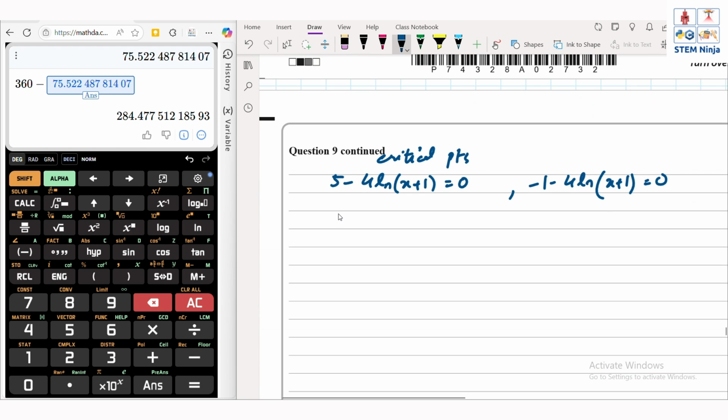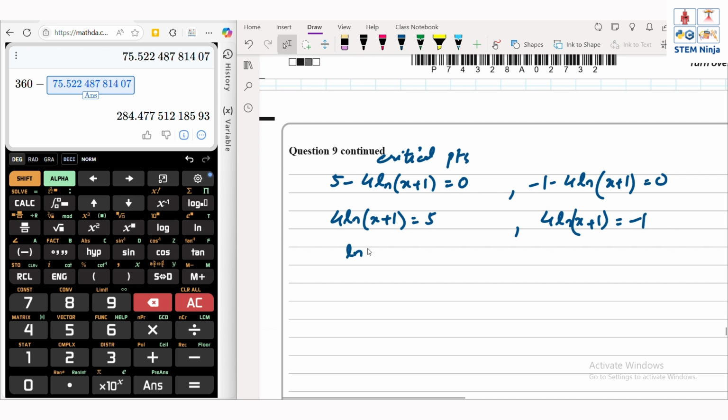So we have 4 ln(x + 1) equal to 5, and over here 4 ln(x + 1) equal to −1.